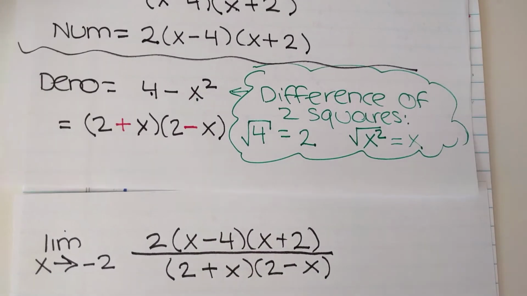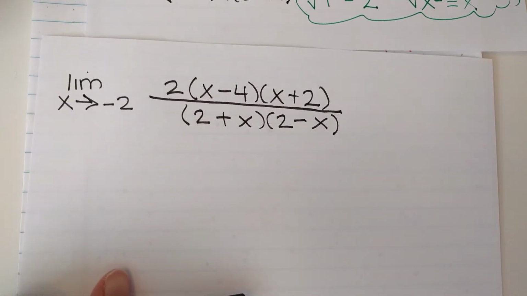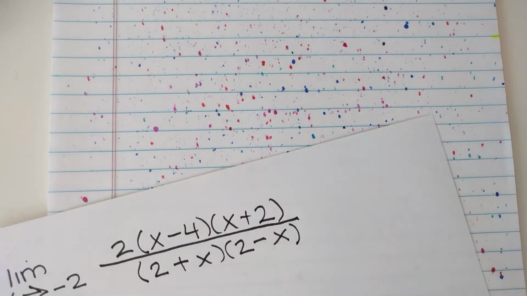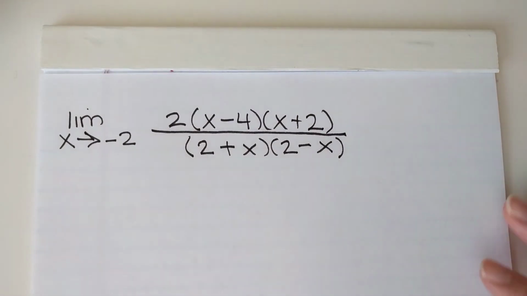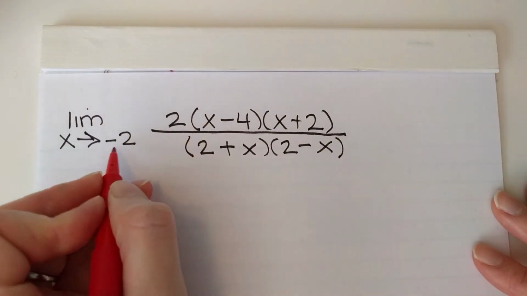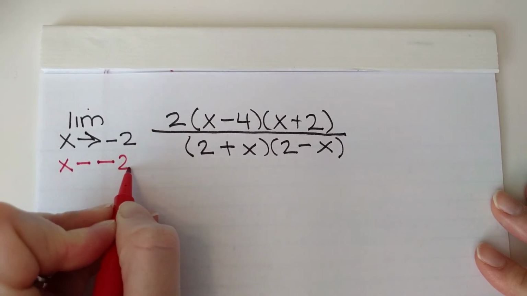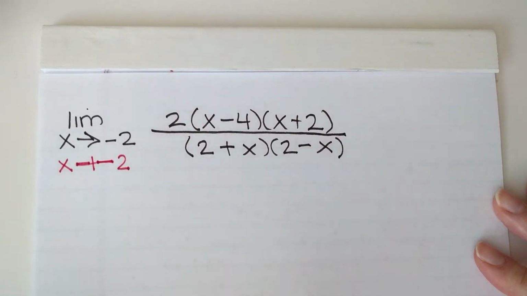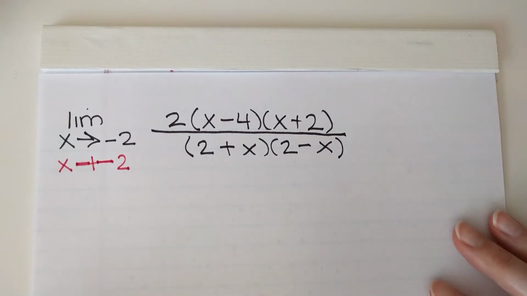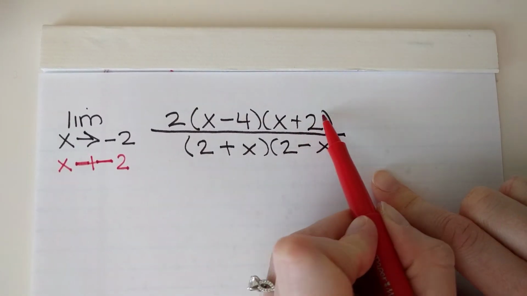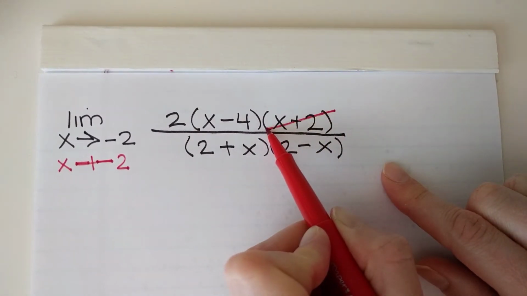Now, remember that in all of this work, what we are trying to do is get to the point where our x arrow negative 2 becomes x minus negative 2, telling us that we really want to cross out an x plus 2.